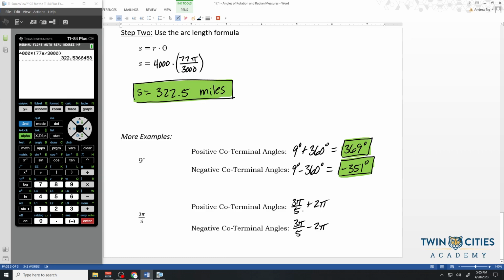So what I can do is say 2 pi is the same as 2 pi over 1. And I need a common denominator. So I'm going to multiply the top and the bottom by 5 over 5. This is going to be 10 pi over 5. So instead of adding or subtracting 2 pi, I'll be adding and subtracting it as 10 pi over 5.